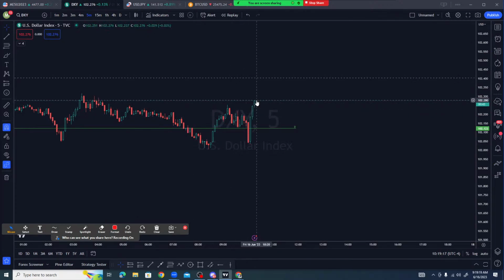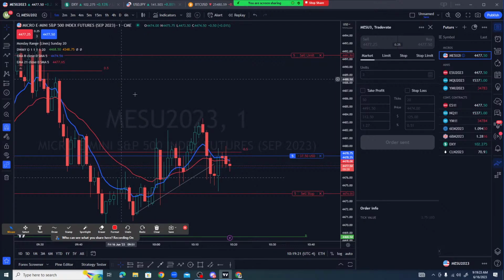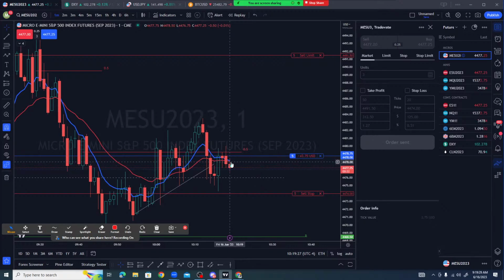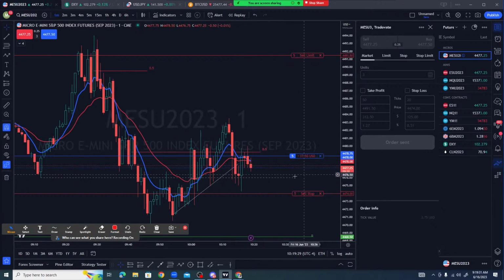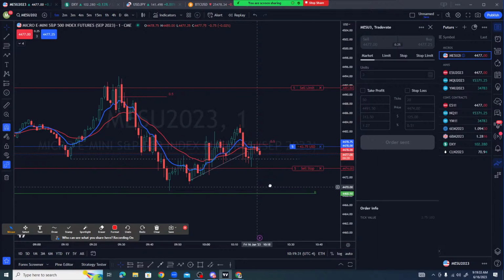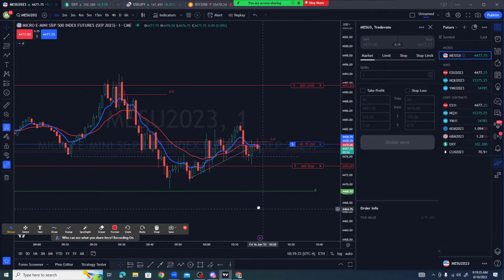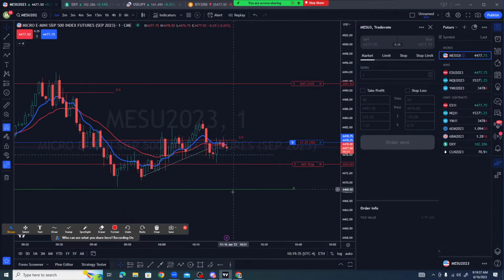Dollar seems to be pushing even higher. This was a good move for the dollar, which is usually not good for the ES. Our moving averages are bullish, but they seem to be crossing right now. So this would be a reversal and coming down for further prices.